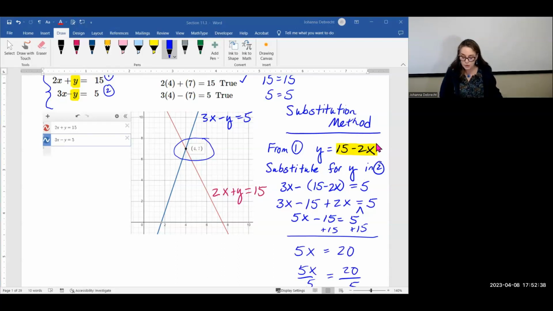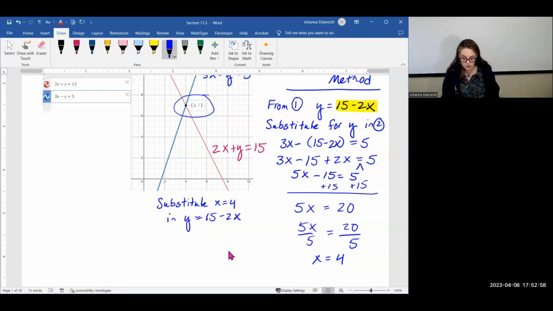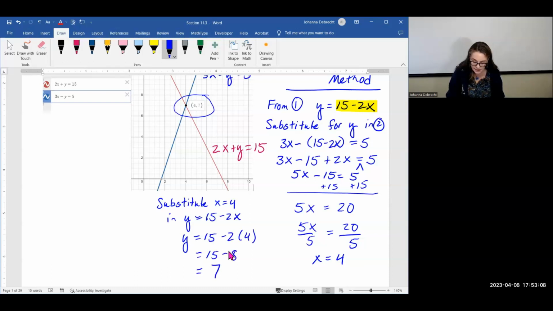So let's take this equation here, highlighted in yellow, and substitute in x equal 4, in y equal 15 minus 2x, which came from equation 1. This gives me y equals 15 minus 2 times 4, which gives me 8. So I have 15 minus 8, which gives me 7.